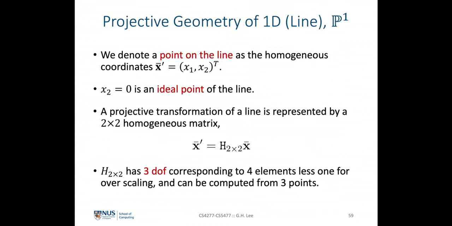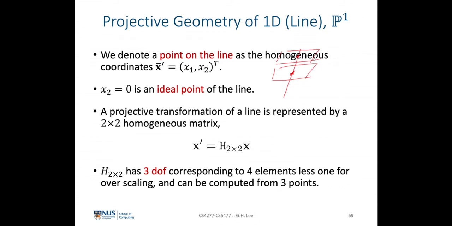Now let's move on to talk about the projective geometry in 1D space. So we have seen earlier that in the 2D space, a point is actually a ray that intersects a plane. And we saw the homogeneous representation that this is going to be the intersection of all the parallel planes that represent the same particular point.